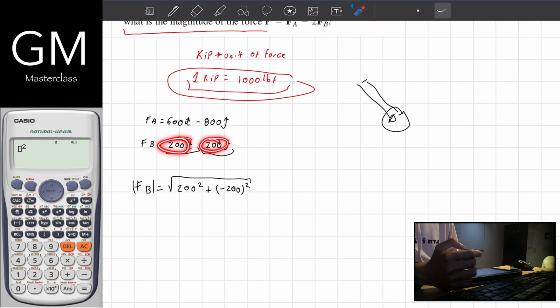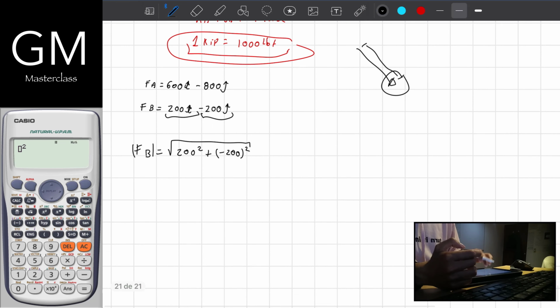All you have to do is take every single part of the vector, evaluate it to the second power, and take the square root of that. When we multiply a scalar by a vector, all we have to do is multiply every single part of the vector.